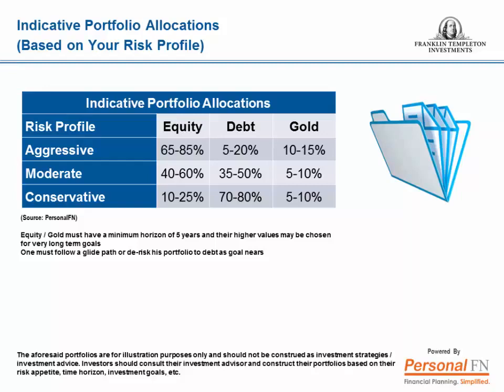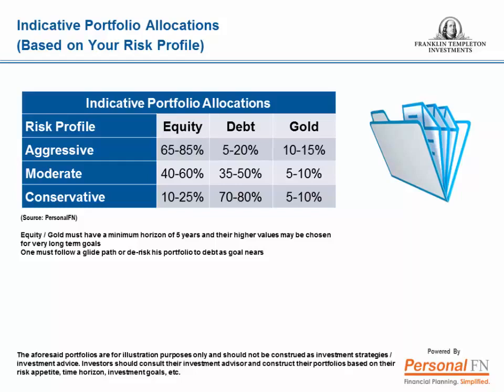Here is an indicative portfolio allocation for investors having different kinds of risk profile. For an investor with aggressive risk appetite, allocation to equities would be relatively higher for goals which are very long-term in nature. For a moderate risk appetite, allocation to equities will be slightly lower than for an aggressive investor.